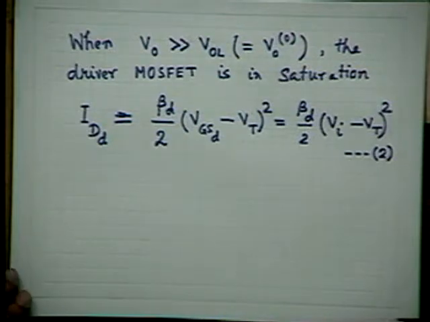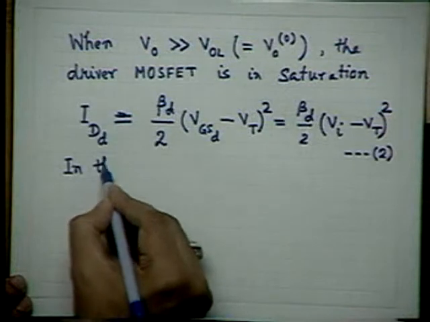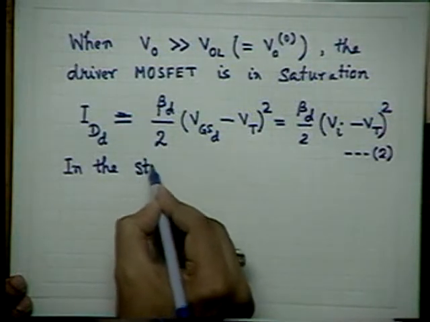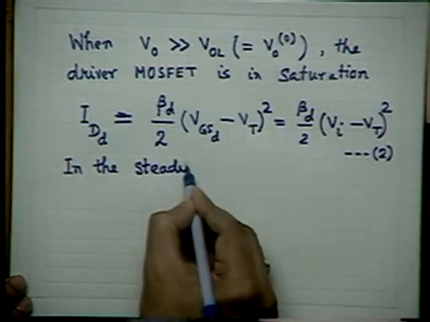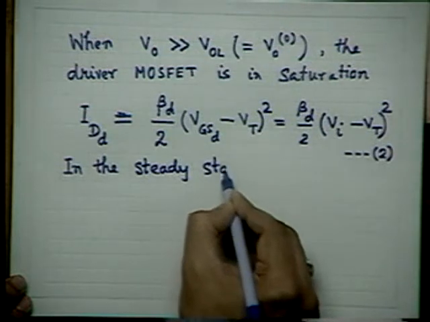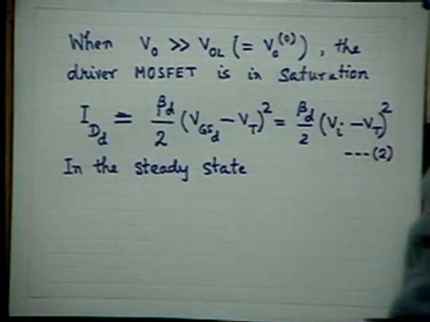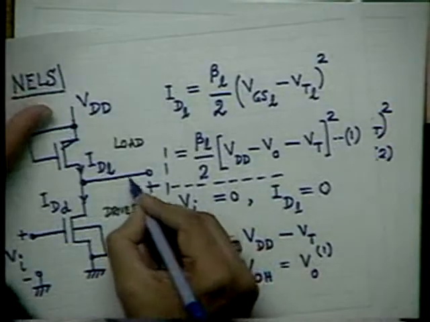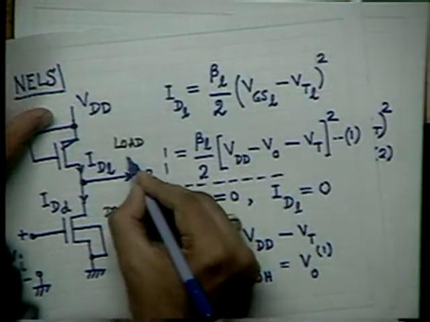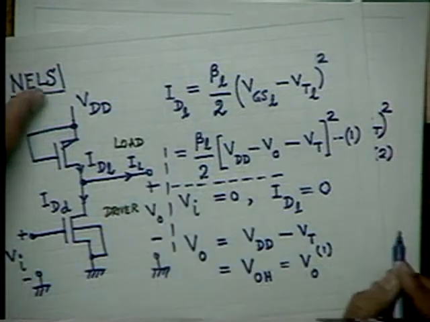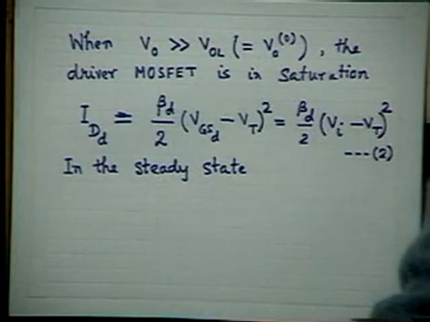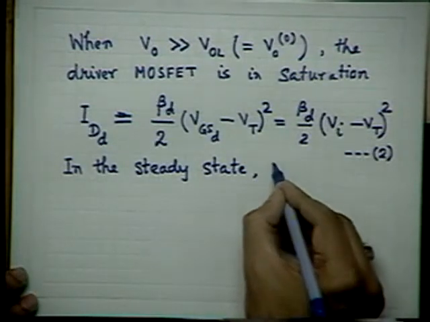Now in the steady state, let me again refer to this. If I call this current as load current, IL, then in the steady state, IL must be equal to 0.